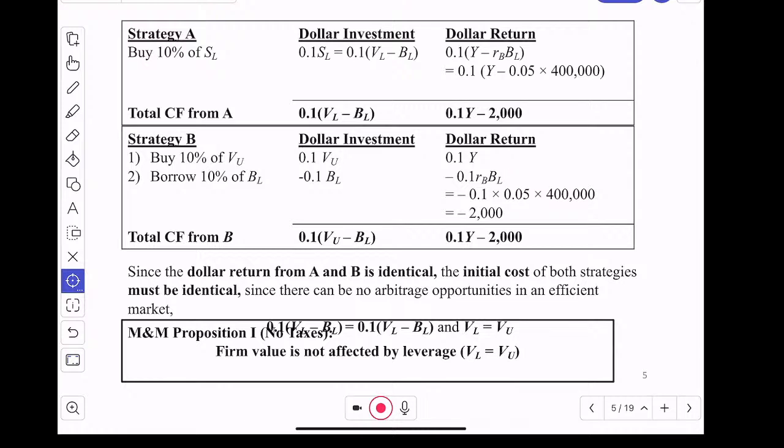And you simplify this, and it turns out that the dollar return in the unlevered firm is equivalent to the dollar return in the levered firm.